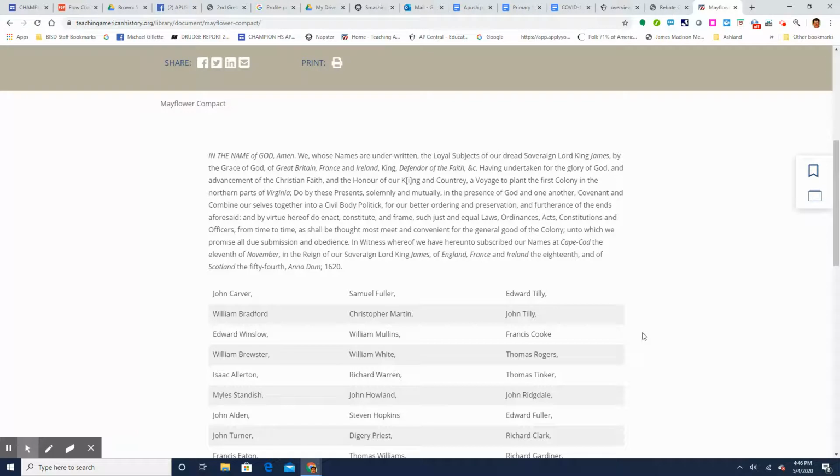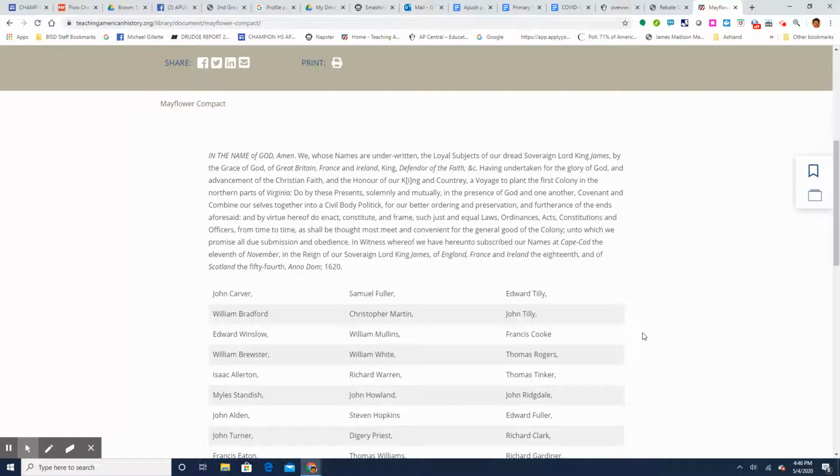for our better ordering and preservation and furtherance of the ends aforesaid, and by virtue hereof do enact, constitute, and frame such just and equal laws, ordinances, acts, constitutions, and officers, from time to time, as shall be thought most meet and convenient for the general good of the colony, unto which we promise all due submission and obedience.